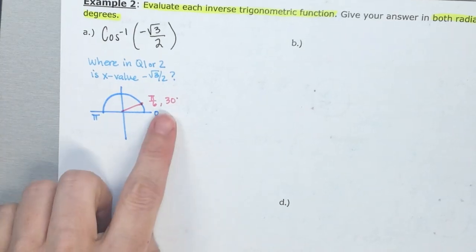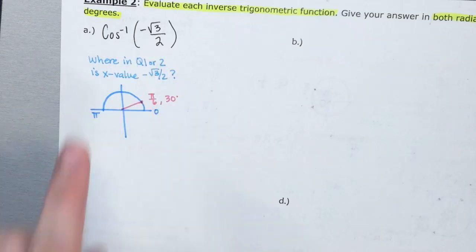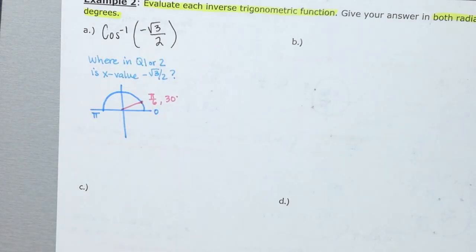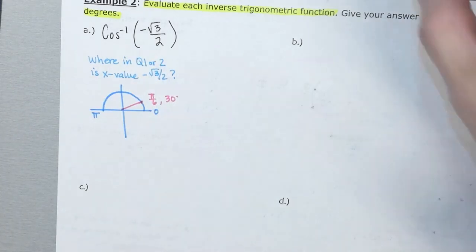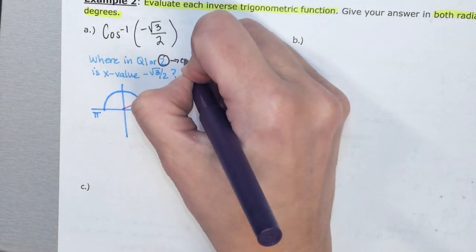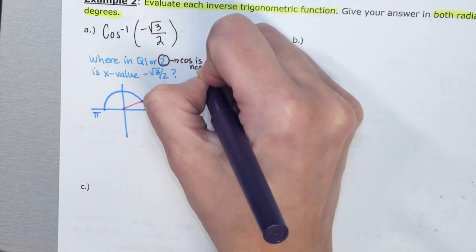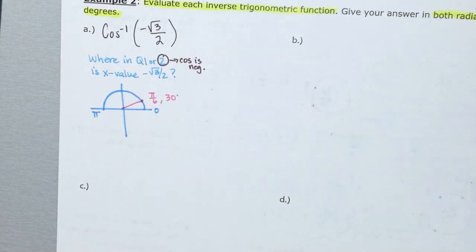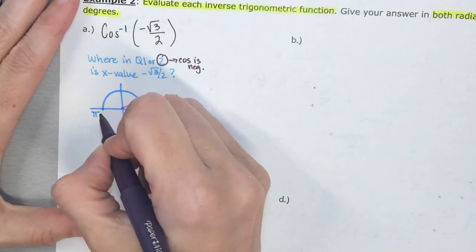So if this is a positive value and I want to find the negative value, it has to be in what quadrant? It has to be in quadrant 2, because that's where the cosine is negative. Just like we did before, we're going to use our reflection.